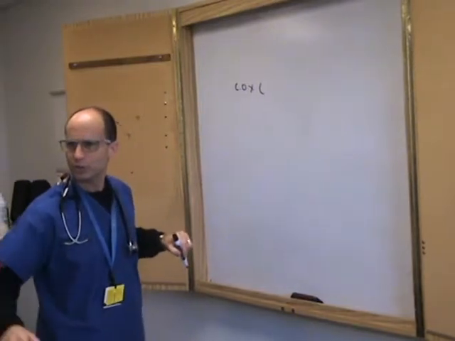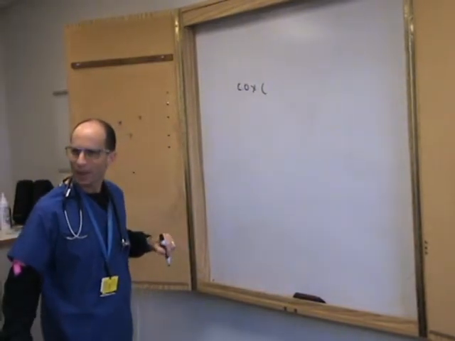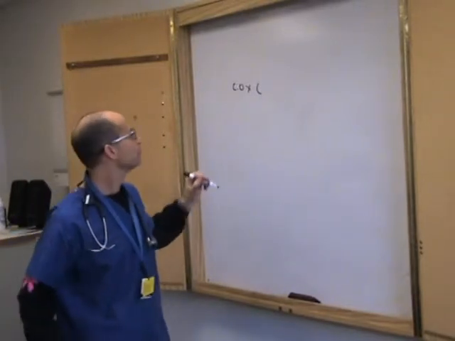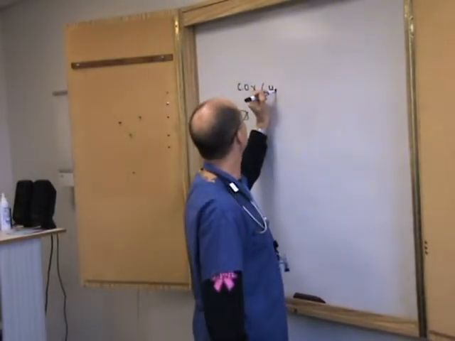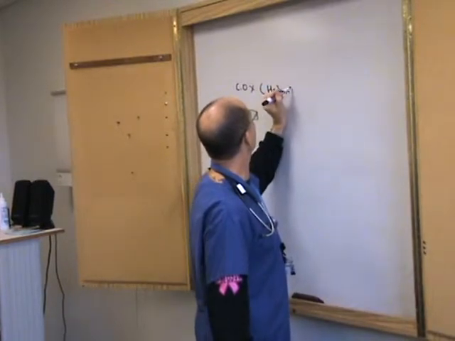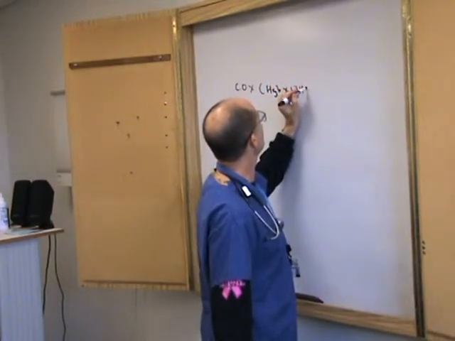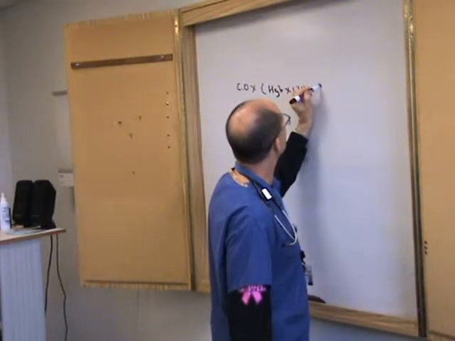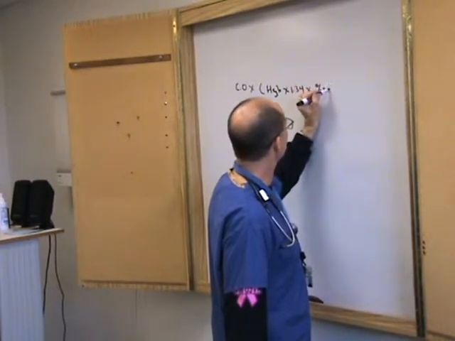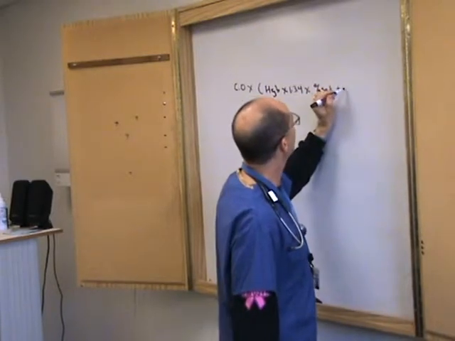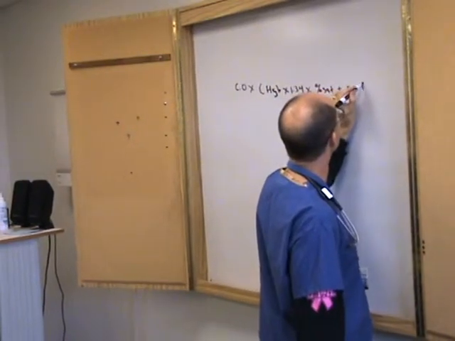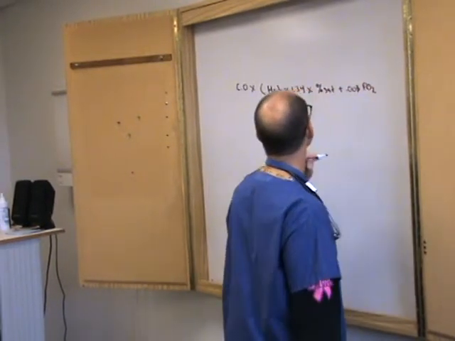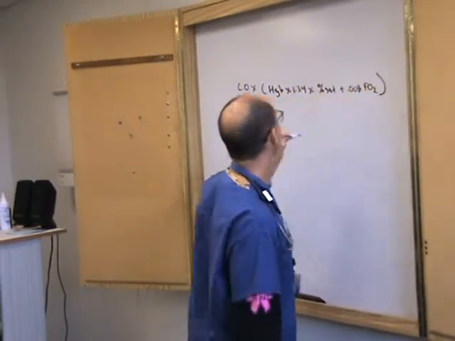Because if you don't know it, she certainly does. 1.34 times the hemoglobin, times percent sat. That's right. Plus 0.03 times the PO2, right? Okay, so that's your number.